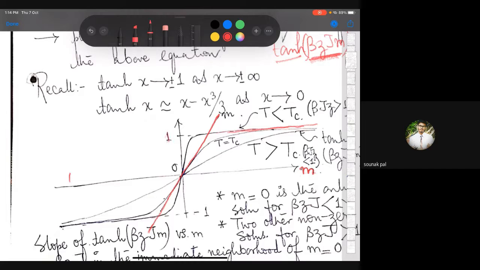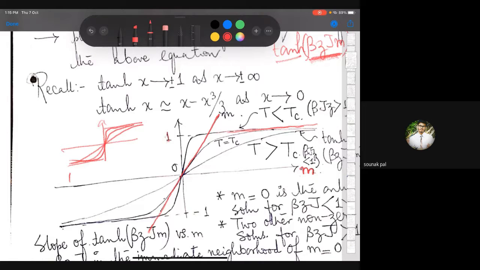Fine? But I have to be careful. What is the slope? A function can go to plus 1 or minus 1 in 10 different ways. It can go in a very sluggish way, or it can go like this, or it can go very sharply. All are possible, right?